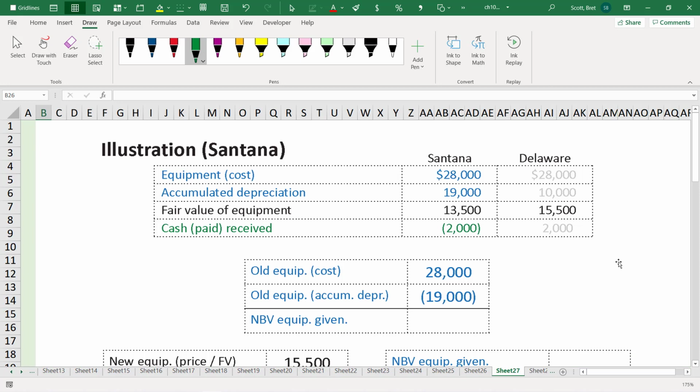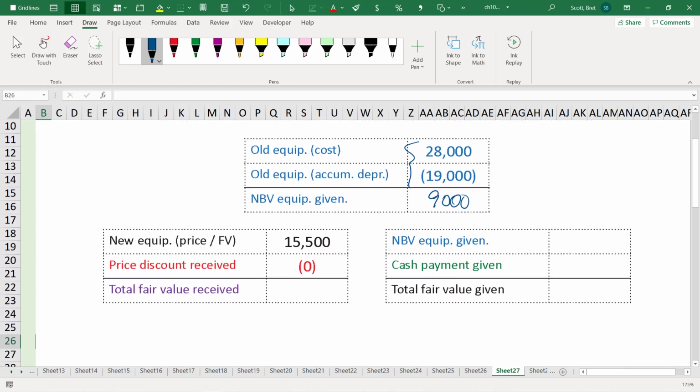So in the case of Santana, let's do some analysis here. Santana has equipment cost $28,000, so there you see it down below, which means it has a net book value of $9,000. Okay. So put that $9,000 over here as part of the book value given. There's also $2,000 in cash given, for a total value given of $11,000.